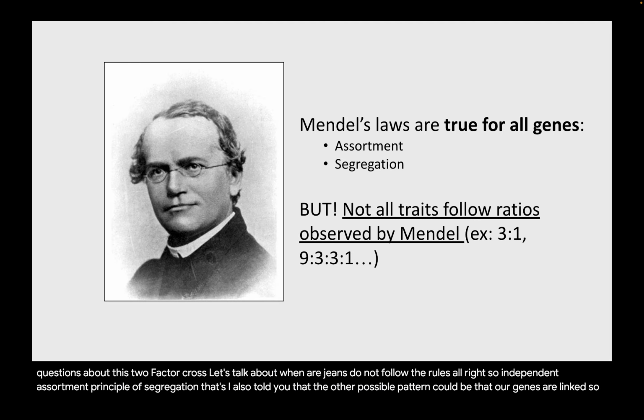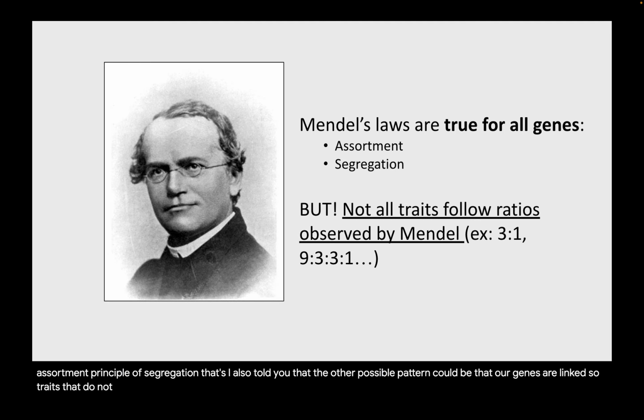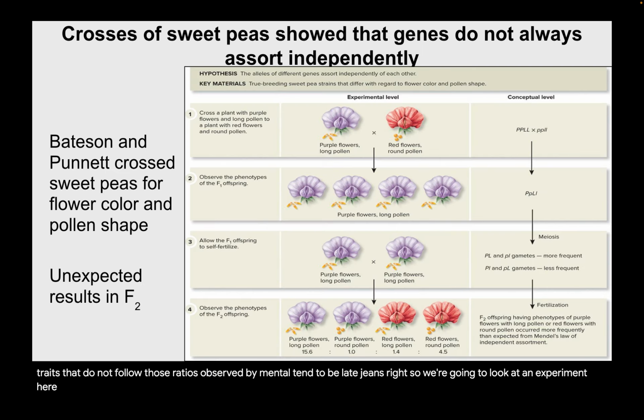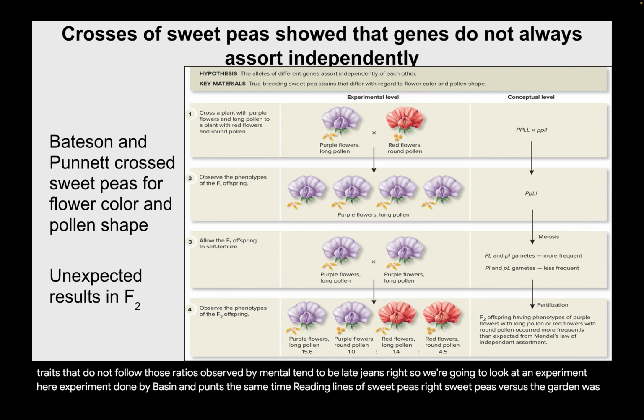So traits that do not follow those ratios observed by Mendel tend to be linked genes, right? So we're going to look at an experiment here. An experiment done by Bateson and Punnett, the same Punnett that the Punnett squares are named after.